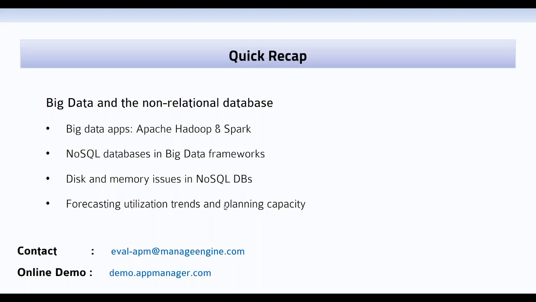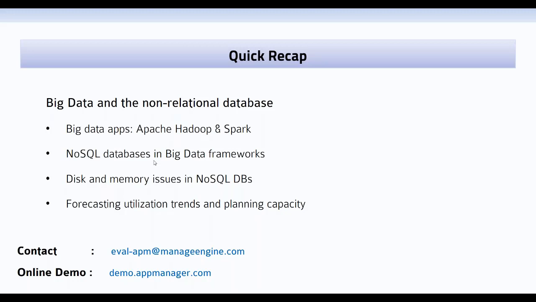So we began with the big data applications, that is Apache Hadoop and Apache Spark, and the metrics to monitor, and the NoSQL databases that are the most important components in any big data framework.